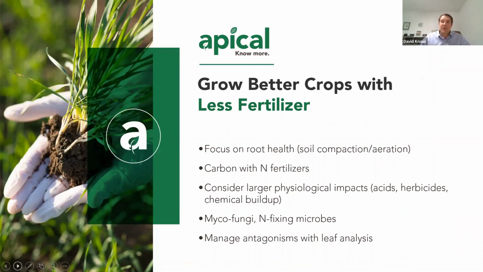For growers that are actually able to utilize the system correctly and have been able to achieve extreme successes using the apical method of crop improvement, leaf analysis, crop inputs, data analysis, they're able to grow better crops with less fertilizer.